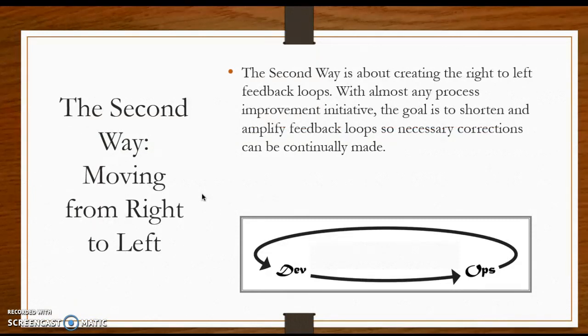The second way is focused on feedback. The second way is about creating the right to left feedback loops with almost any process improvement initiative. The goal is to shorten and amplify feedback loops so necessary corrections can be continually made. Feedback is something really important.